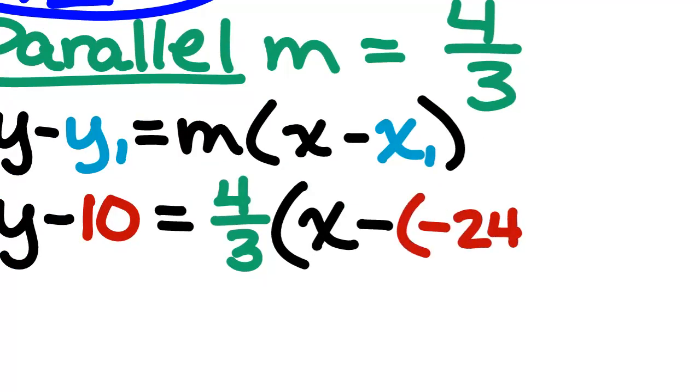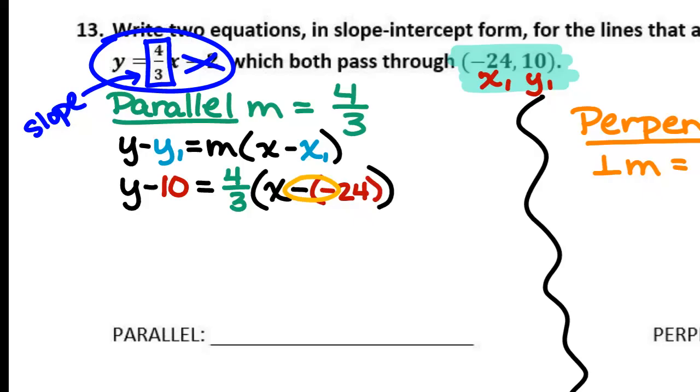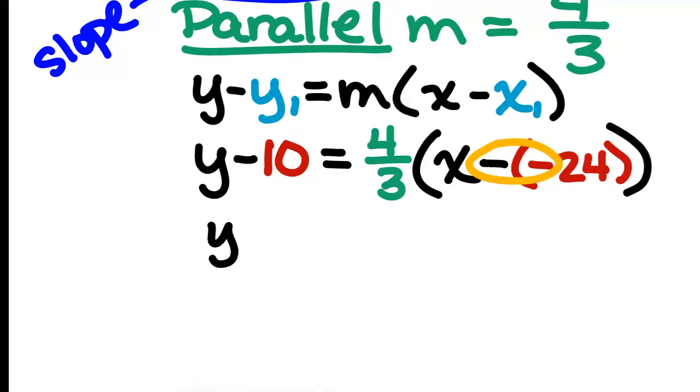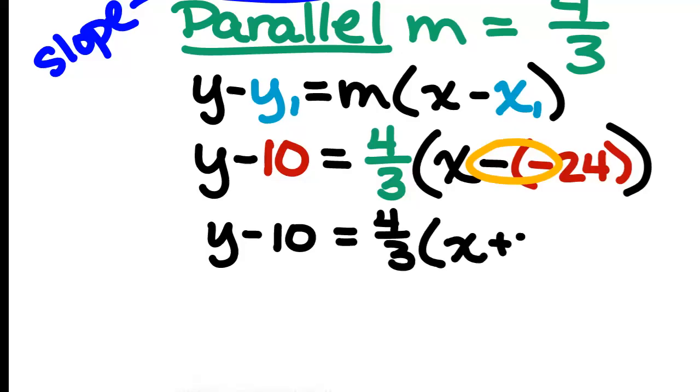Negative 24. So it goes inside a special set of parentheses here because we are subtracting a negative. That's going to turn into a plus now. So y minus 10 equals 4 over 3 times x plus 24.